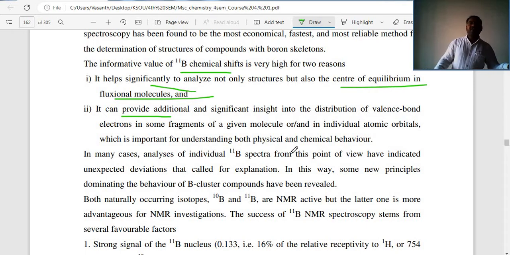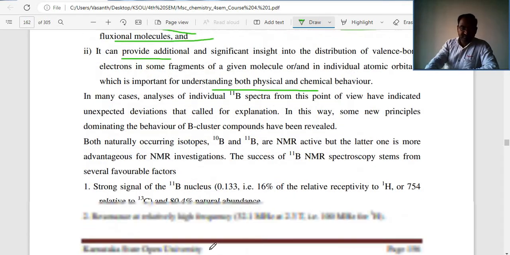B-11 can provide additional and significant insight into the distribution of valence electrons in some fragments of a given molecule and in individual atomic orbitals, which is important for understanding both physical and chemical behavior.